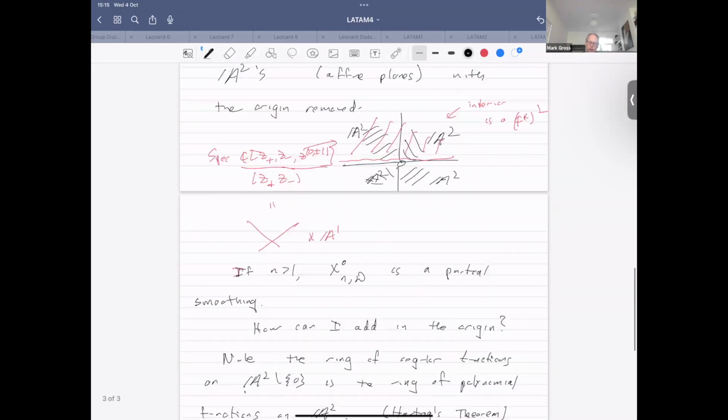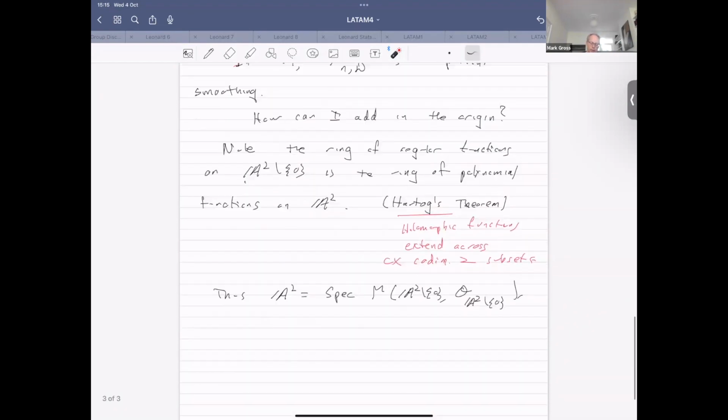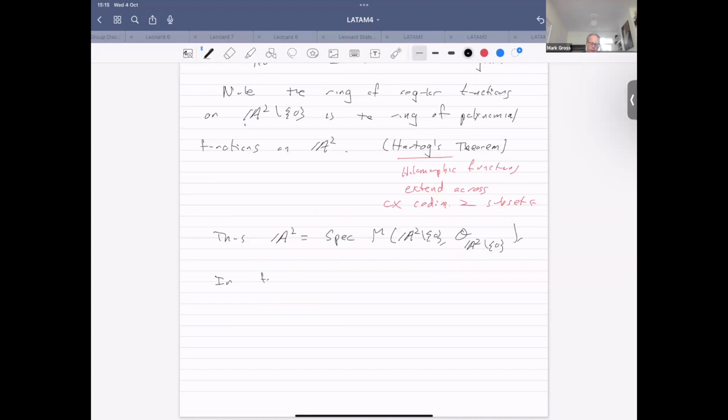So we can do something similar to this variety here. Let's call this, in fact, Spec of Gamma of O on this X0, 1d, this order 1 order 0 thing.